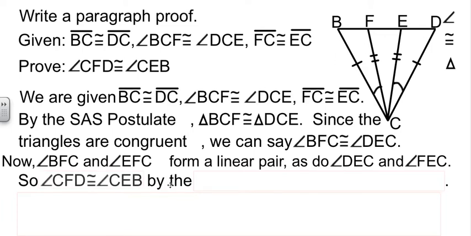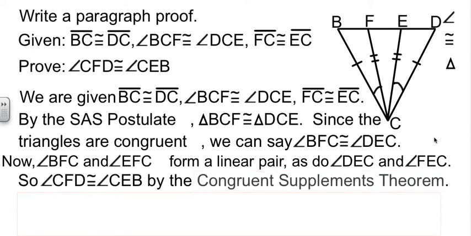So then I can say that the angles I want, CFD and CEB, are congruent because of the congruent supplements theorem. I could do a whole lot of substitution if I wanted to, but I didn't want to work that hard. So I've gotten where I wanted to go using congruent triangles.